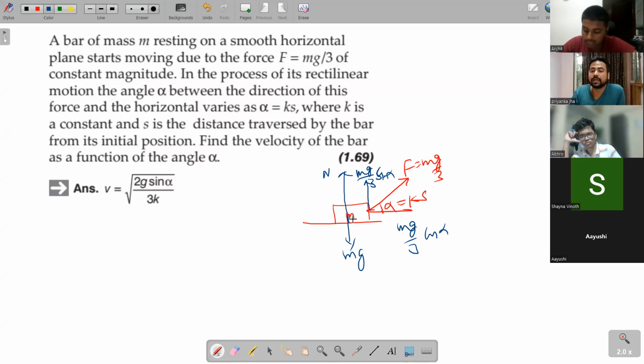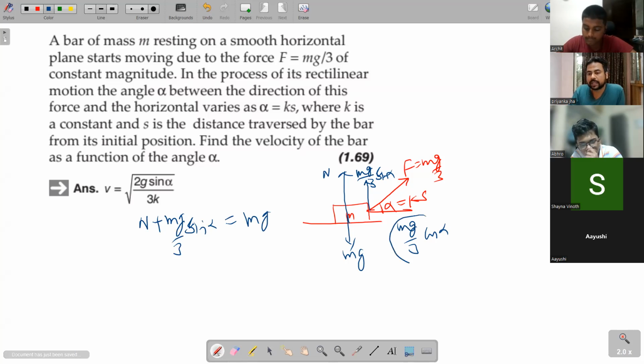You can see that this block is having no motion along the vertical. So the net force along the vertical direction must be 0, so the force acting up must be balanced by the force acting down. And only one force is in the horizontal direction, so it will provide the motion, and that is equal to mass into acceleration.